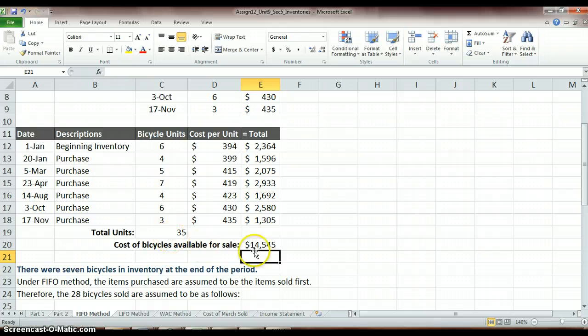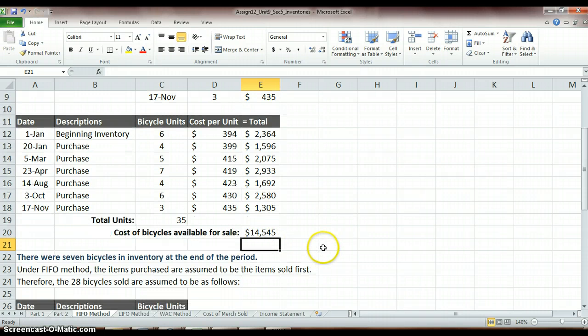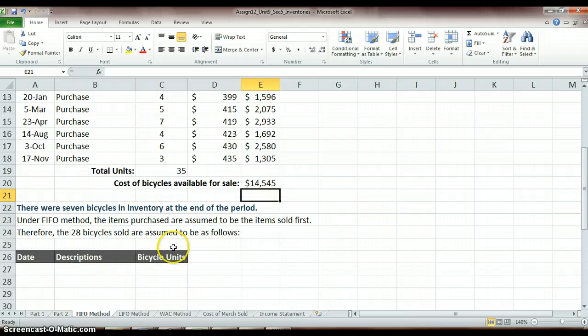So we have 35 units available, and the cost of those 35 units totaled $14,545.